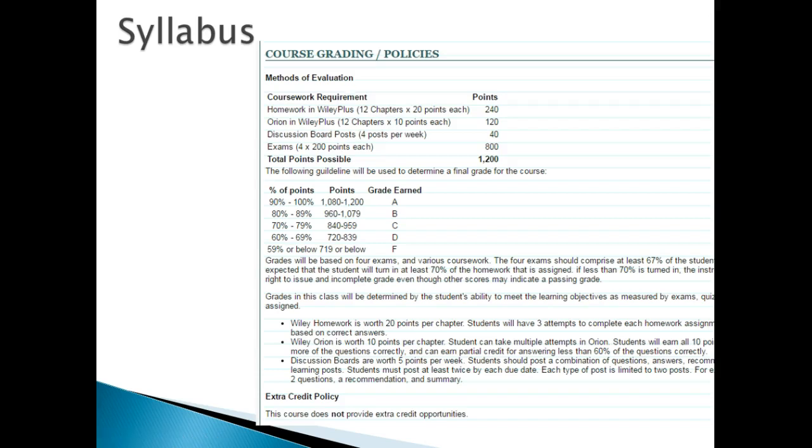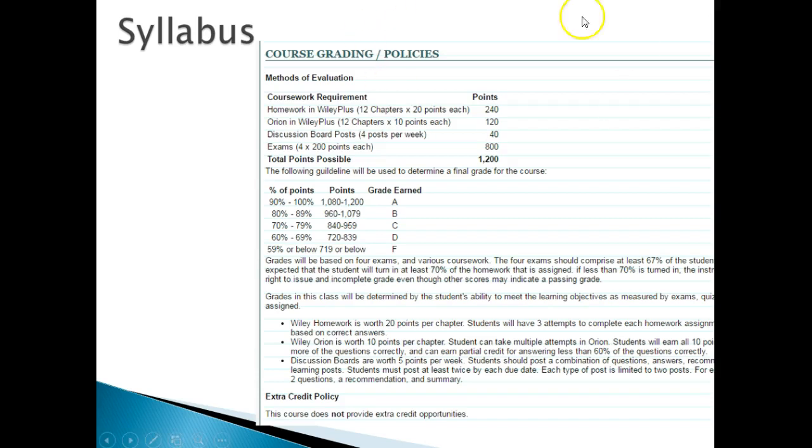In there, most of the students I think want to see, okay, what do I need to do? So we are going to cover 12 chapters of content, take 4 exams, and participate in discussion board. We will use WileyPLUS, which is an online homework management system that allows you to complete your homework online, see the correct answers, make sure that you understand it, and get some help when needed.